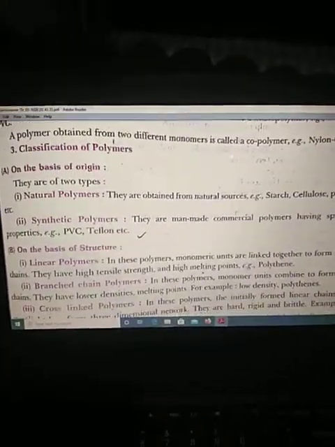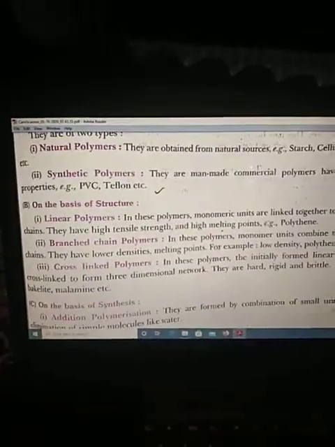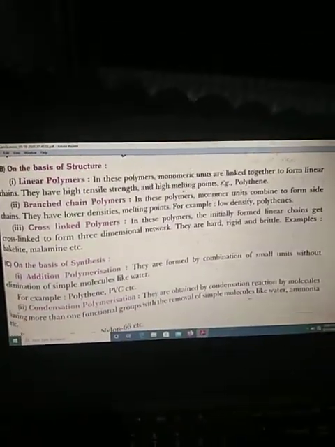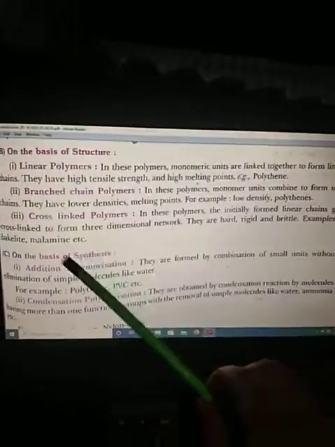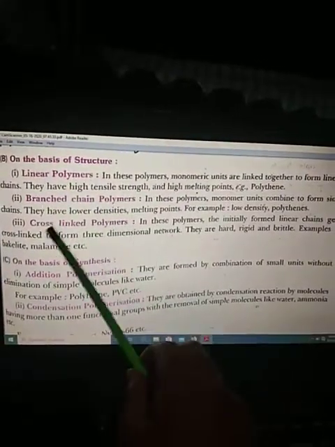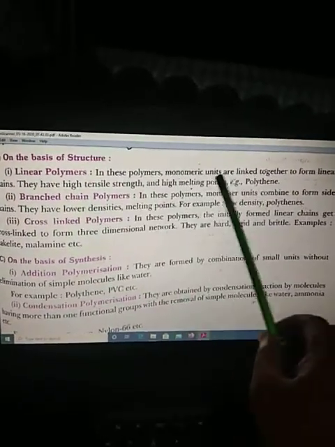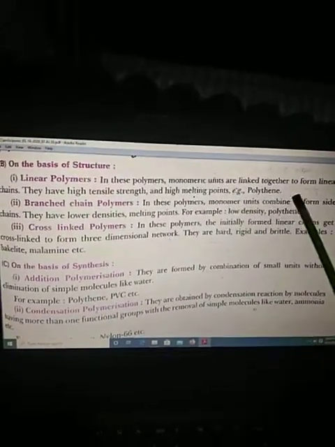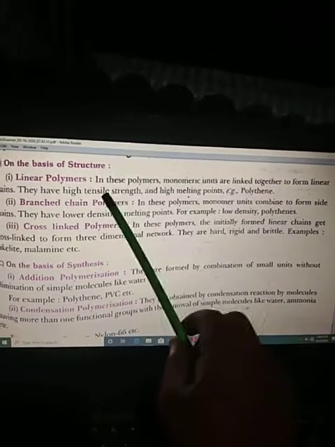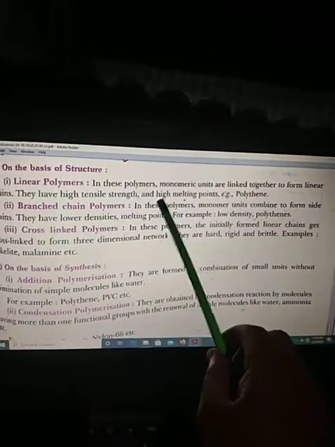Next, on the basis of structure, we can classify polymers into three types: linear polymers, branch chain polymers, and cross-linked polymers. Linear polymer means the polymer will be a straight chain. They have very high tensile strength and high melting point.